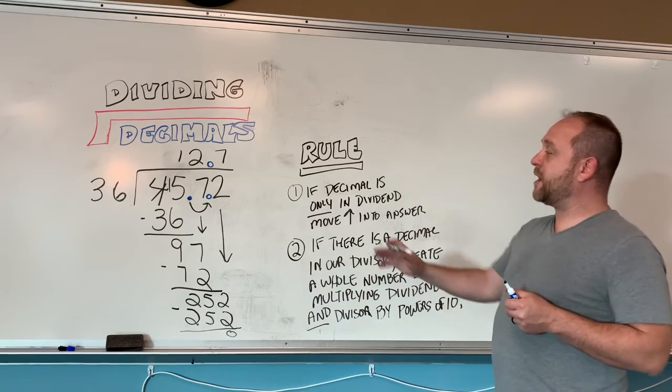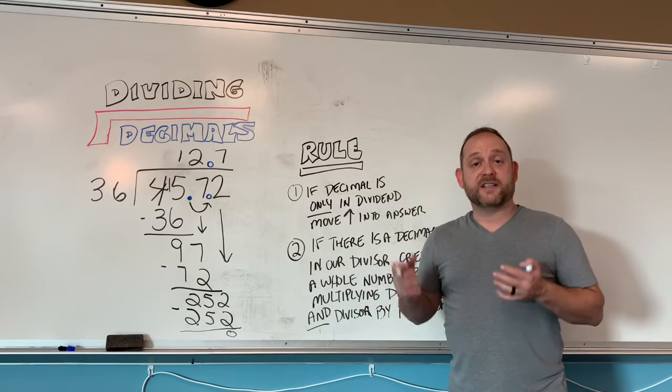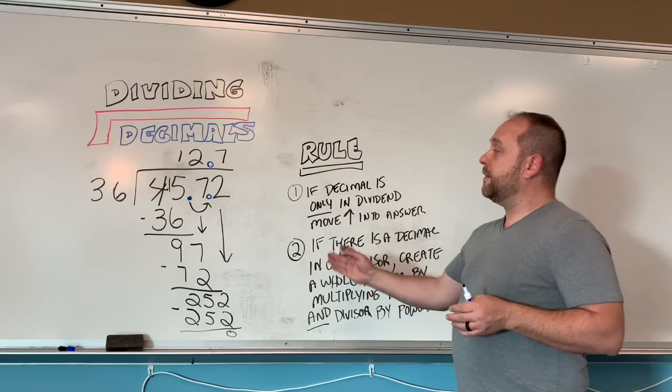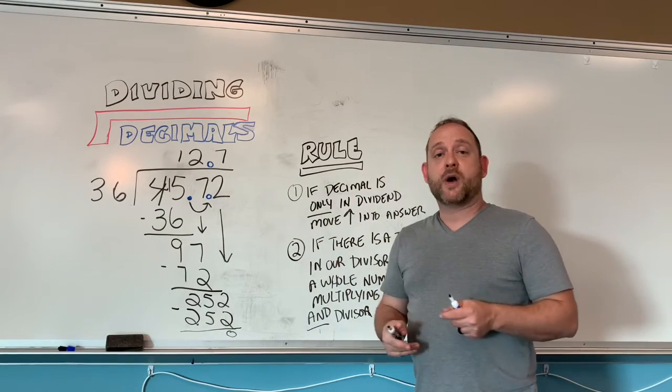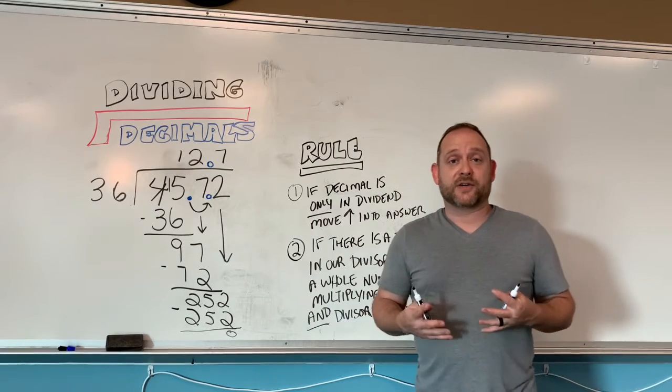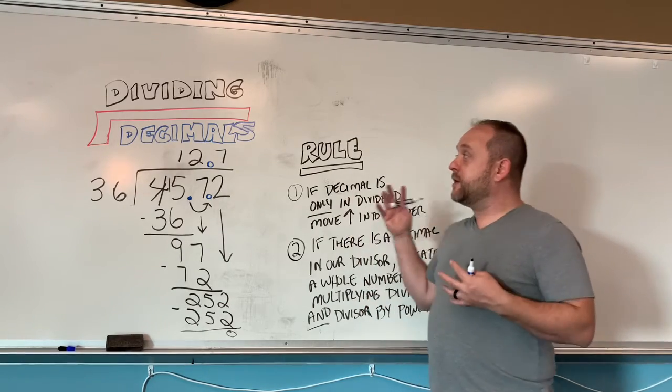Once we have multiplied by powers of 10 and made our divisor into a whole number, the decimal point will be right where it needs to be in the dividend in order to go up and give you a correct answer. So that's how we divide with decimals.